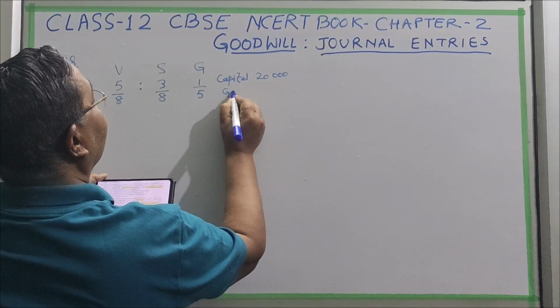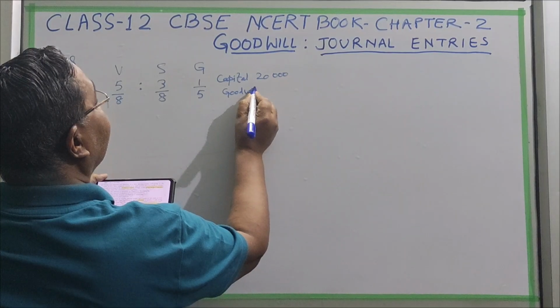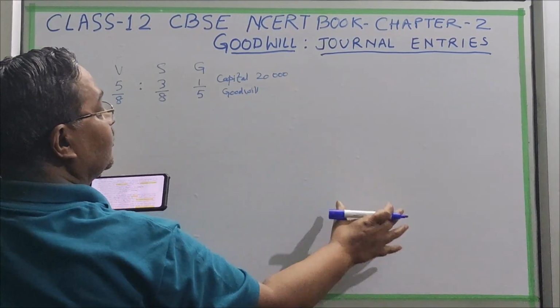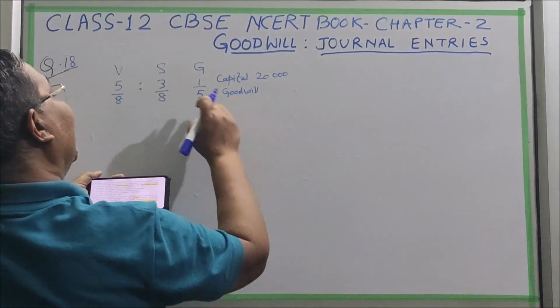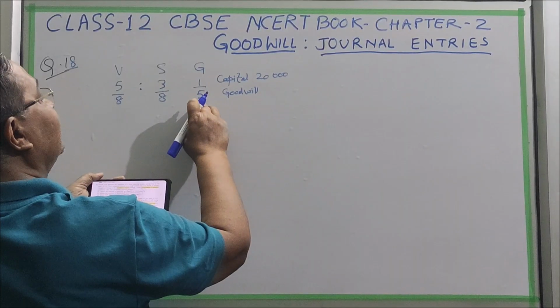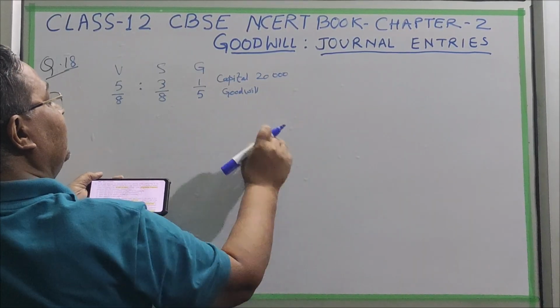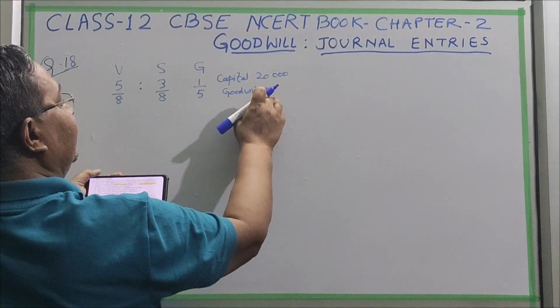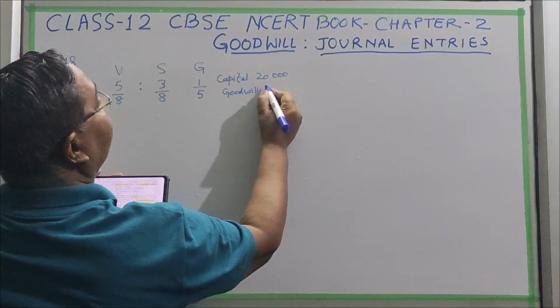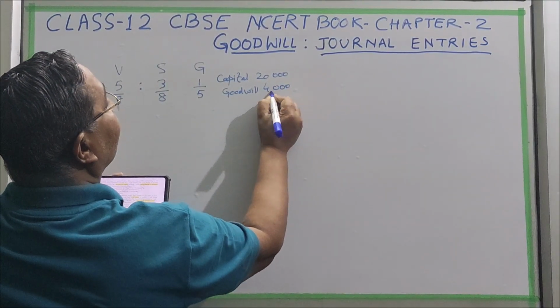When we calculate the firm's goodwill, the new partner's share is taken out of it, and in the question it is already given as 4,000.